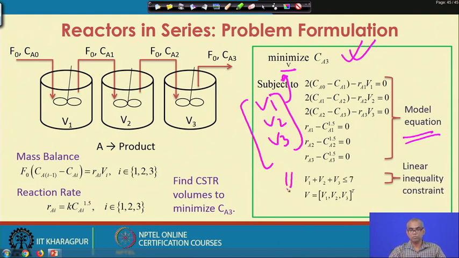So, I have a minimization problem where I am minimizing Ca3 subject to the model equations, which are all equality types, and one linear inequality constraint, V1 plus V2 plus V3 less than or equal to 7. So, you can solve it using fmincon.